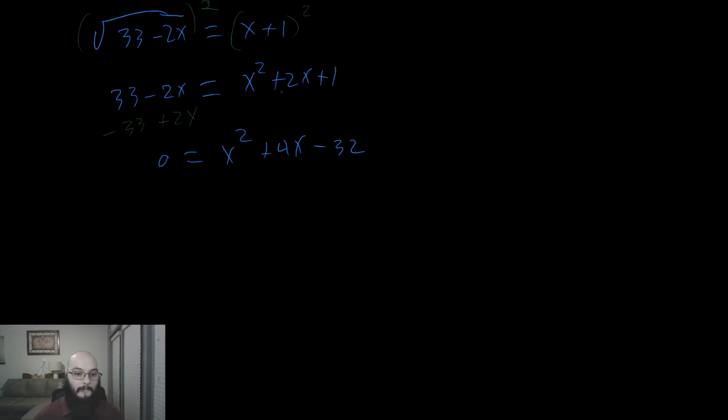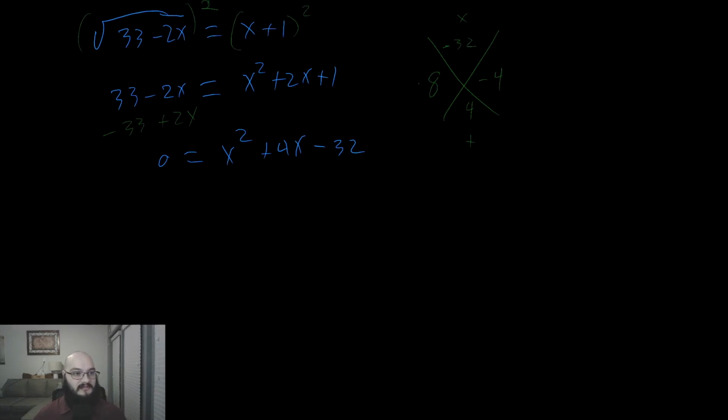32. All right, from here, we need something that will multiply to make 32, but will add together to make 4. All right, so what's going to work with that? Oh, negative 32. That makes a lot more sense. So to multiply to make negative 32 and add to 4, that's going to be an 8 and a negative 4.